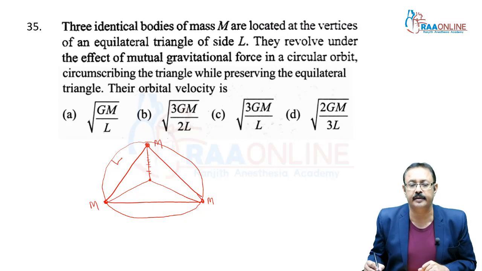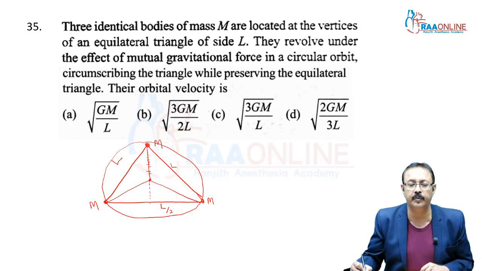And what is it? It is 2/3 of the median. What is the length of the median? It is L by 2. It is L. So this should be equal to the total length of the median.